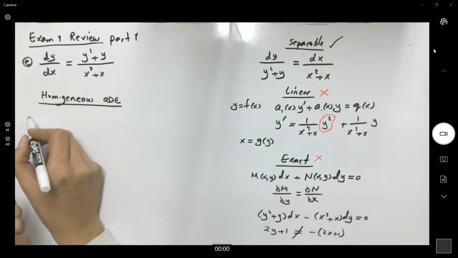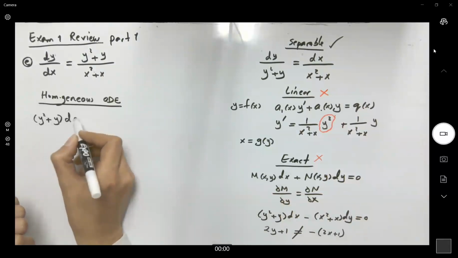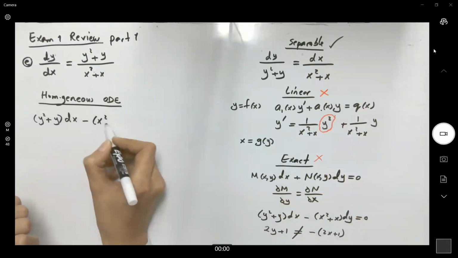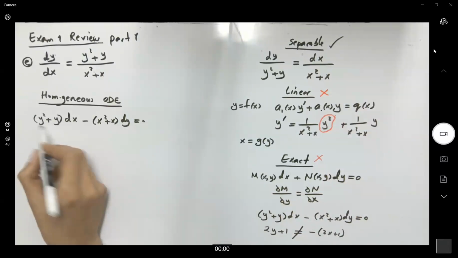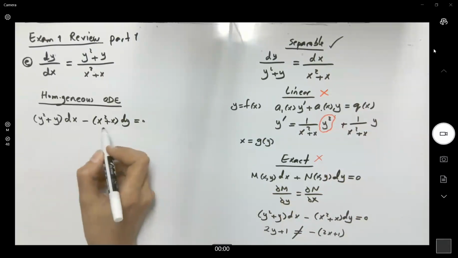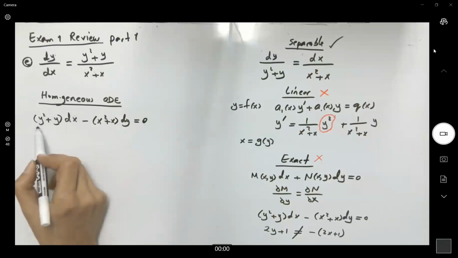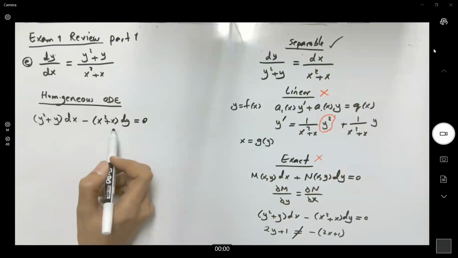So let's just write it the way that we see it in differential form: minus (x squared plus x) dy equals 0. So this is our M, this is our N with a negative sign in front of it. If it's homogeneous, these two functions must be homogeneous of the same degree.